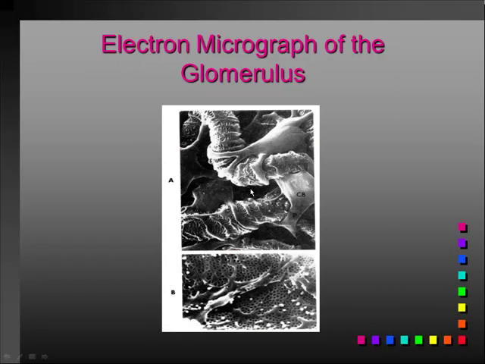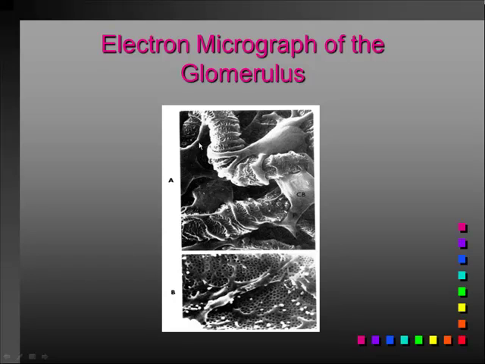Okay, here's an electron micrograph of this glomerular capillary. Here's a cell body of a podocyte. These are the capillary cells themselves. This is what you would see if you were in Bowman's space. It's a really monstrous-like structure, and it's been difficult to study what the function of these podocytes is.